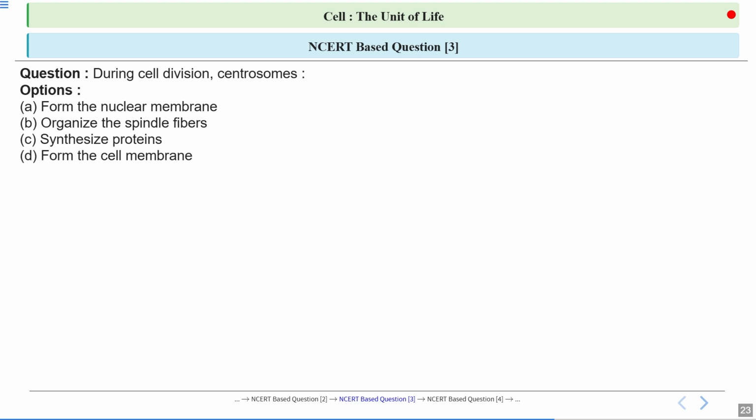Now, next question. During cell division, centrosomes form the nuclear membrane, organize the spindle fibers, synthesize proteins, or form the cell membrane. What will be the correct answer?